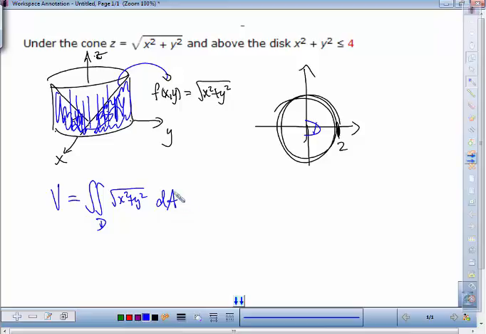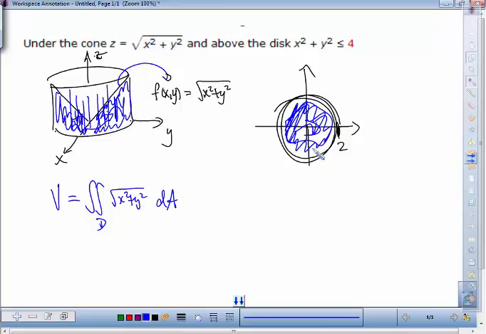And when I write dA, just remember that this is a combination of d something and d something. And the order can be switched, so it depends on how you're going to integrate with respect to first. So that's the next thing we're going to try to figure out, is that this is our region that we're going to integrate over.